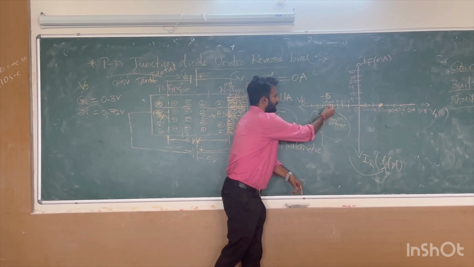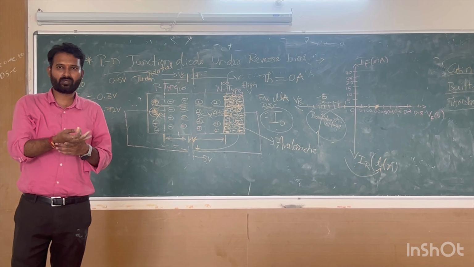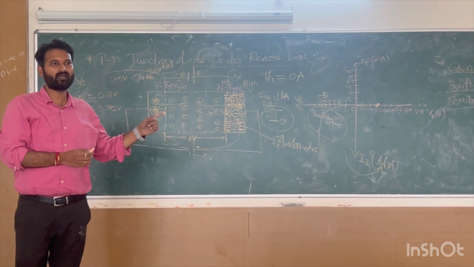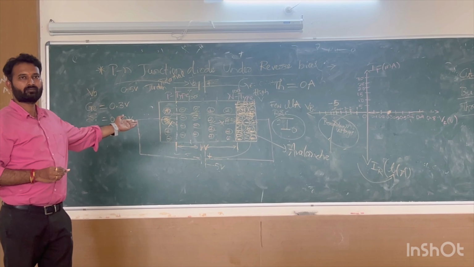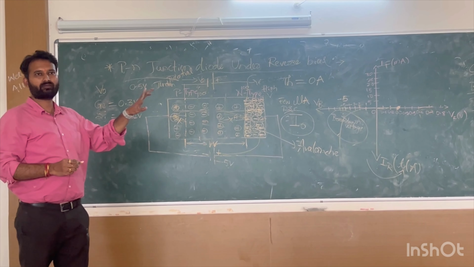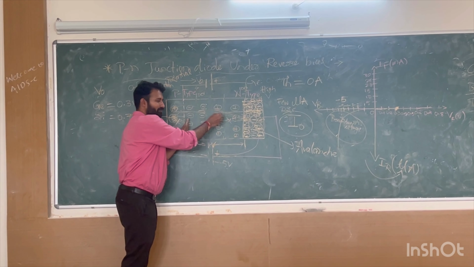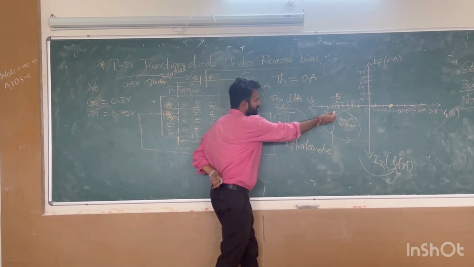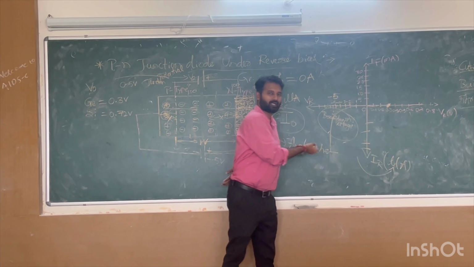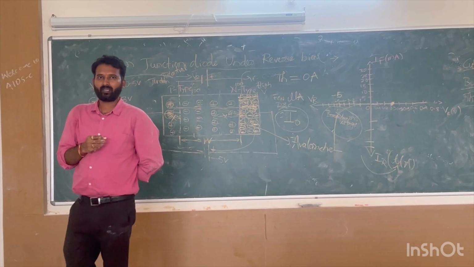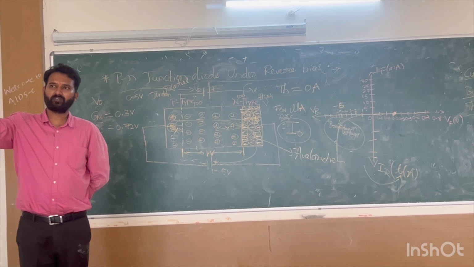That voltage is called breakdown voltage. If this junction breaks, again the majority carriers will cross. That gives rise to maximum reverse current. It may be 30 microampere, 50 microampere, whatever.